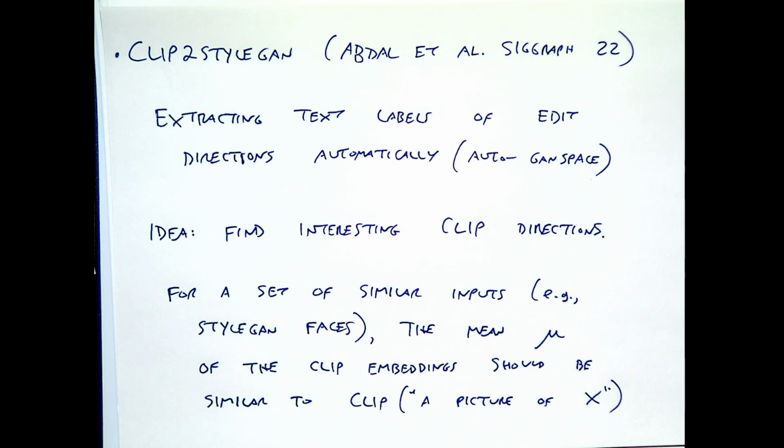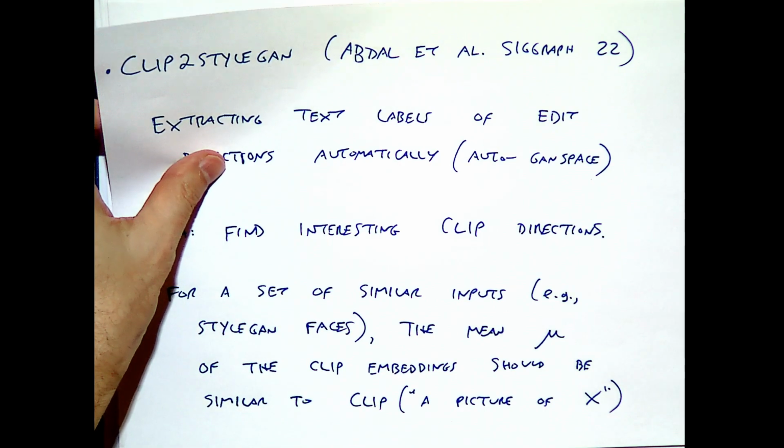And then what we're going to do is explore directions away from mu in embedding space, to find interesting directions that correspond with things that change the images, right?